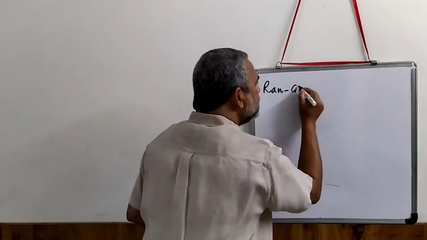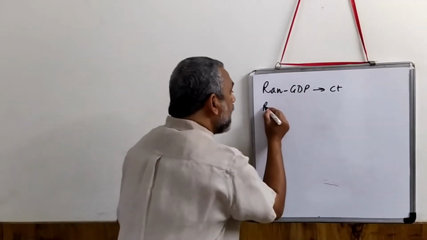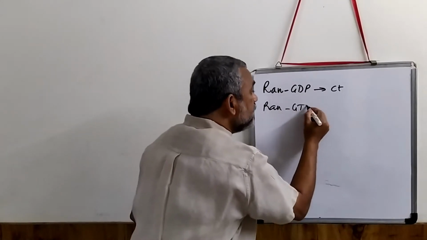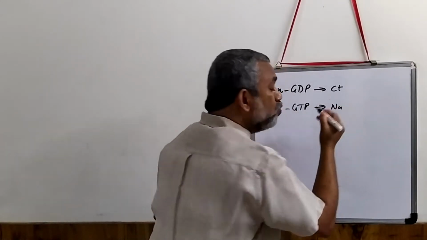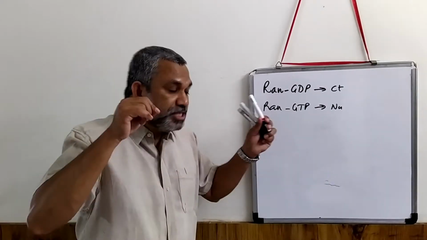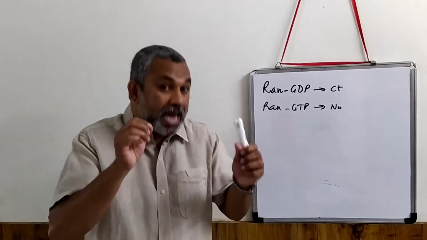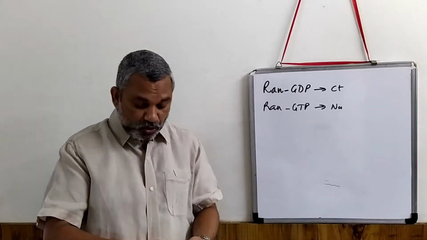Ran bound to GDP is found in the cytoplasm, and Ran bound to GTP is found in the nucleus. Whether it is bound to GDP or GTP depends on enzymes that are present in these locations.